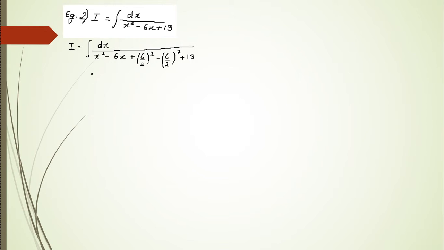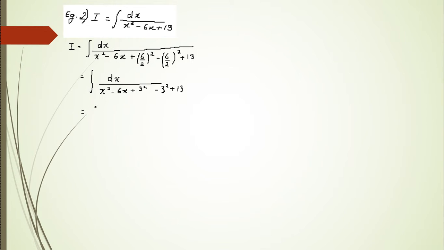Right? So this will give me integral dx divided by x square minus 6x plus 3 square minus 3 square plus 13.